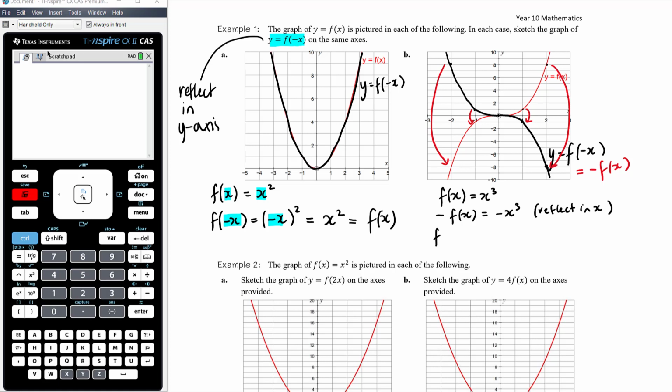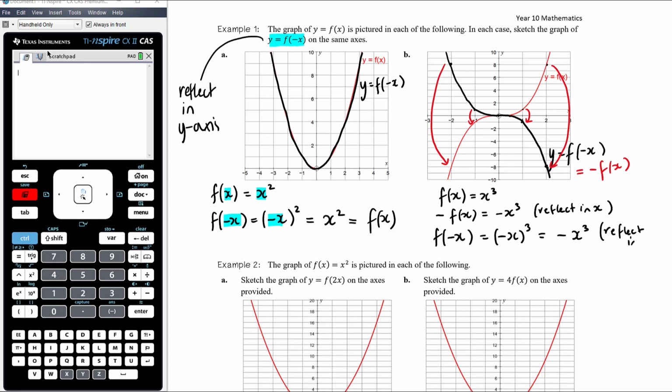Okay. We know that f of negative x means replacing the x's in the original function with negative x's. So we get negative x all cubed. And if we do negative x all cubed, negative x times negative x times negative x, it is negative x cubed. And so it's the same as the reflection in the x-axis.